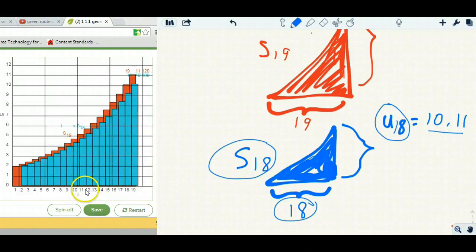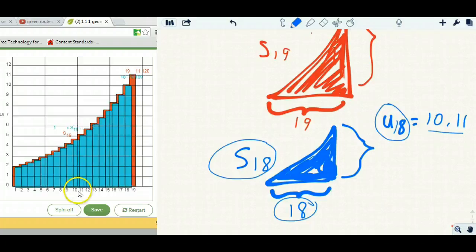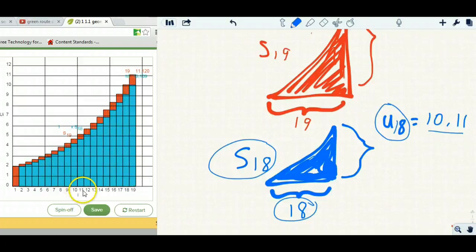And I'm going to teach you how to use a trick to do that. The trick is basically this. If we create another shape, the red shape that's behind the blue shape, what is the characteristic of this red shape? It looks exactly like the blue shape, except it has one extra day. It has the 19th day also.